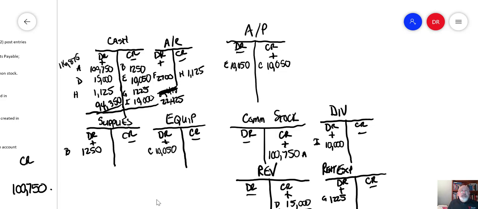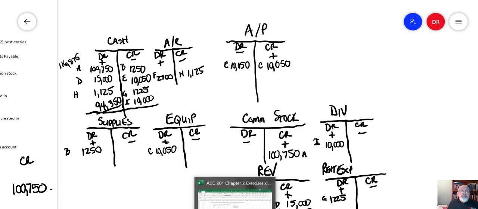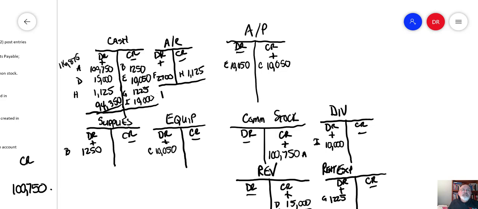Okay, so in the receivable account, I'm going to erase this because I want to work with receivables. We're going to have a difference between the original debit increase of 2,700 and a decrease of 1,125, meaning we have an ending balance here of 1,575 on the debit side. Because we paid this in full, there is no balance in accounts payable.